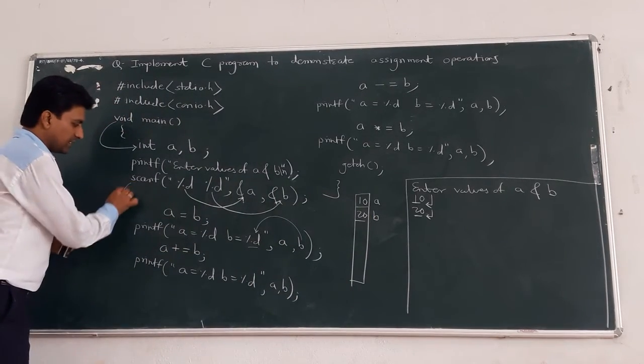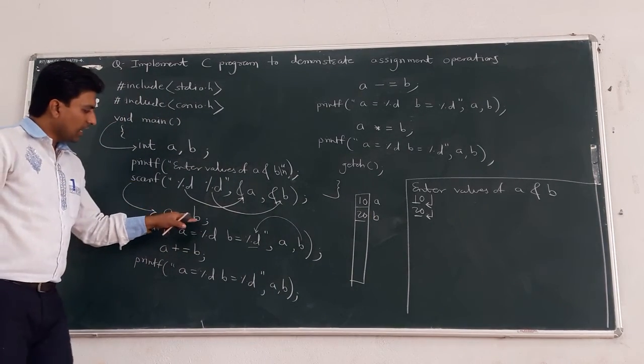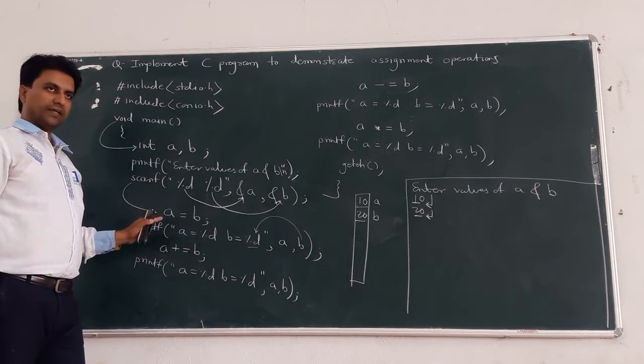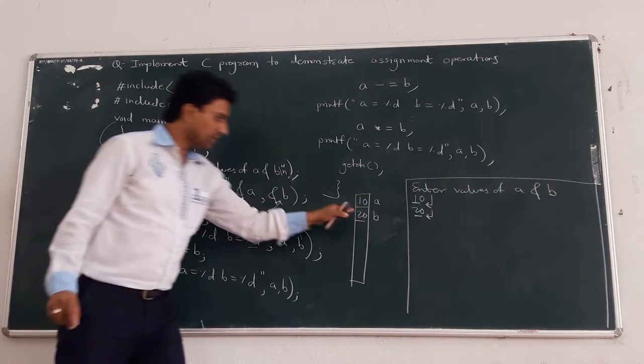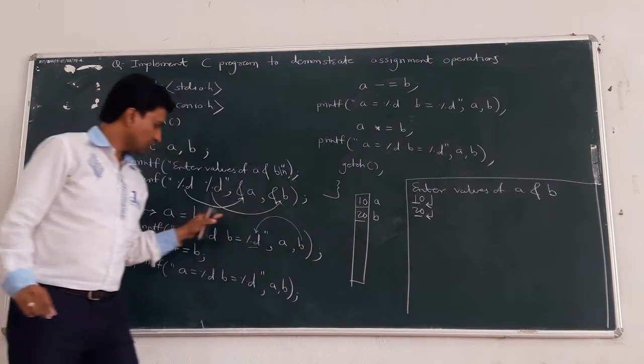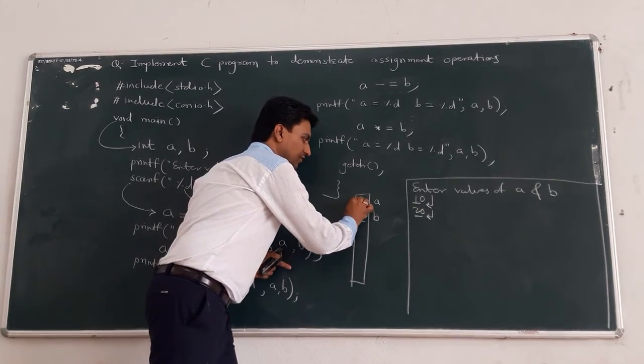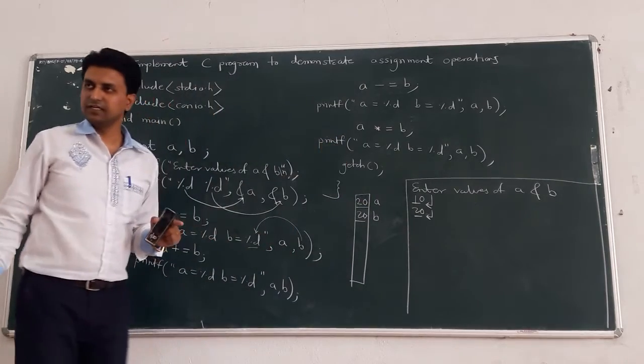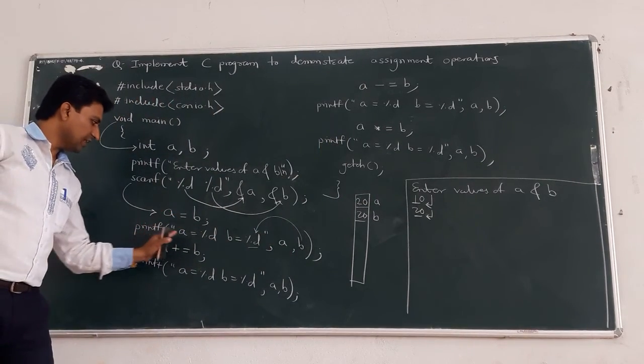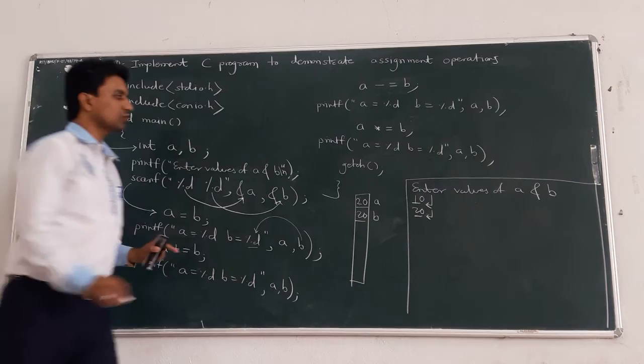Now, the next statement is assign the value of B to A. It means whatever may be the value in B, copy it to variable A. Now the value of A becomes 20. Clear? Now print the values. What is the message?